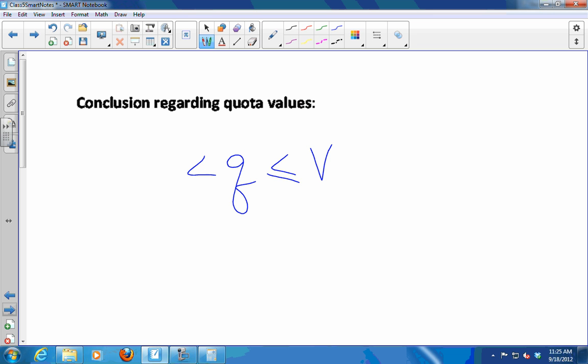And we want it to be bigger than what? We want it to be at least a majority, so bigger than half the total number of votes, V over 2. And it would have to be strictly bigger than that, not equal to, because if it was equal to, you could have ties. So I'll put V is total votes. Okay, so when you're designing a voting system, you're always going to set the quota somewhere between a majority and unanimous.